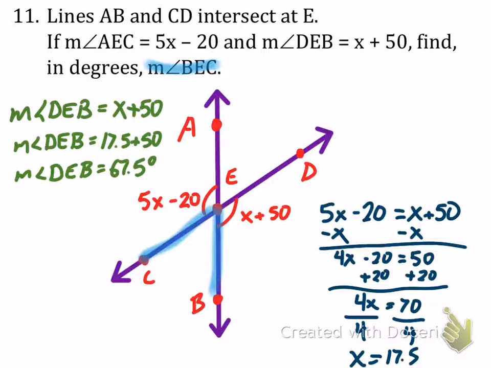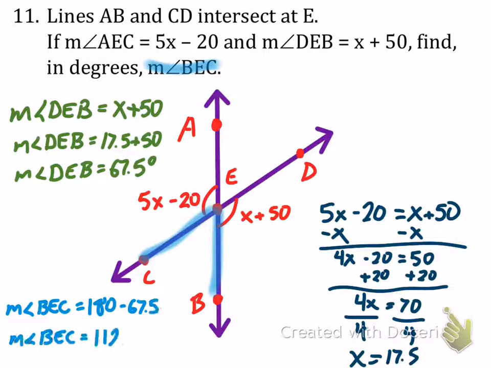So to find BEC, the first thing I need to do is find one of these other angles. So if I know DEB, that's this obtuse angle, is x plus 50, then I can say measure of DEB is x plus 50. So that's 17.5 plus 50, or the measure of DEB is 67.5.